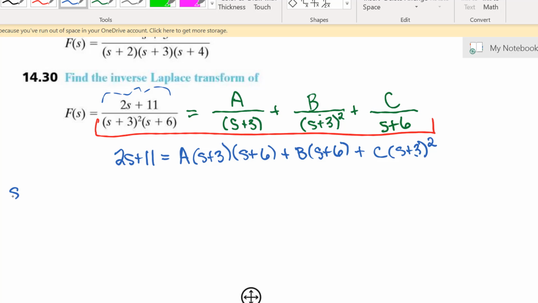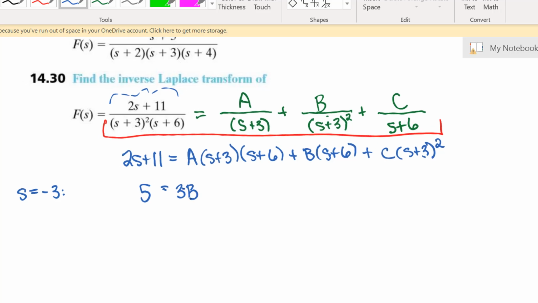So if I plug in s equals -3, I get -6 plus 11, so that's 5. The a is being multiplied by 0, so it's gone. The b is being multiplied by -3 plus 6, or 3. So I get 3b.